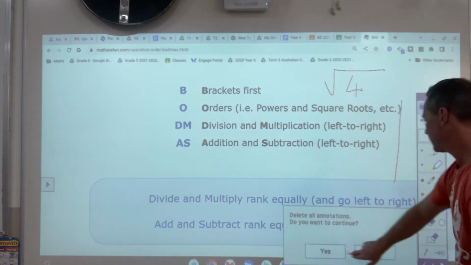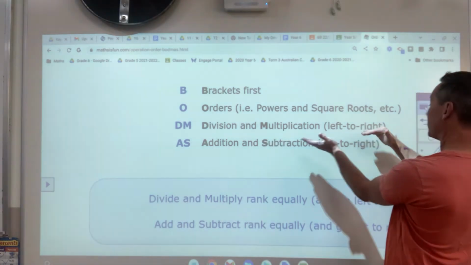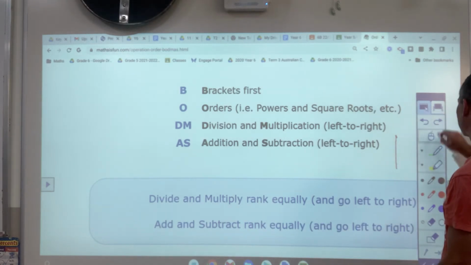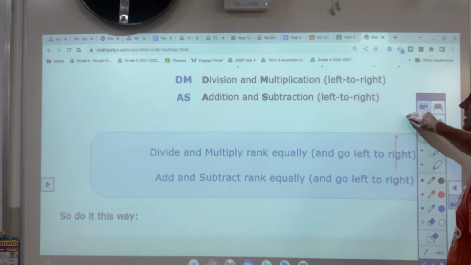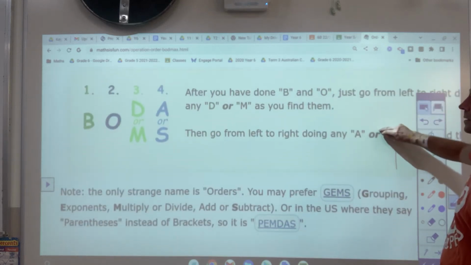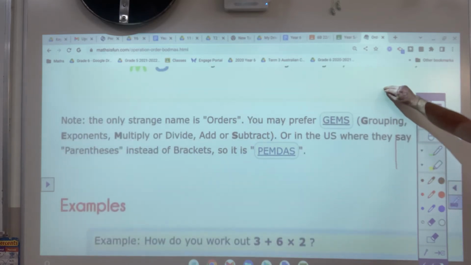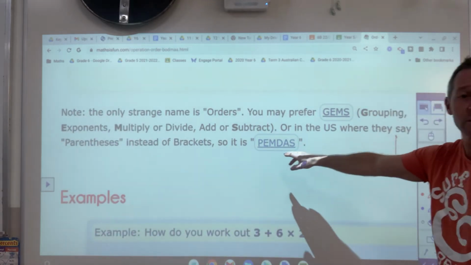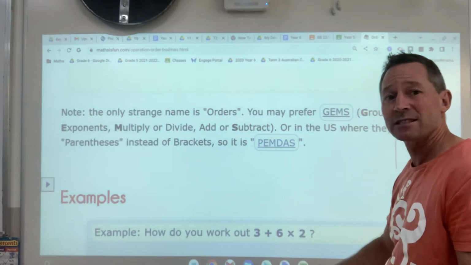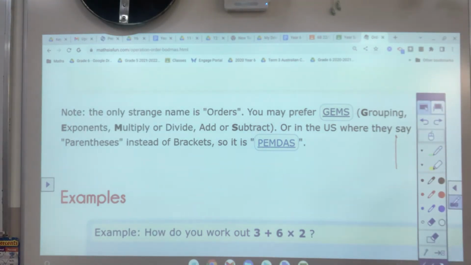Continue moving. And you can see you've got division and multiplication, whichever comes first from left to right. Always want to remember that. And same with addition and subtraction. Just make sure you're checking it. Some people use BODMAS or PEDMAS. It's the same thing. Whatever you feel comfortable with, you stick with.